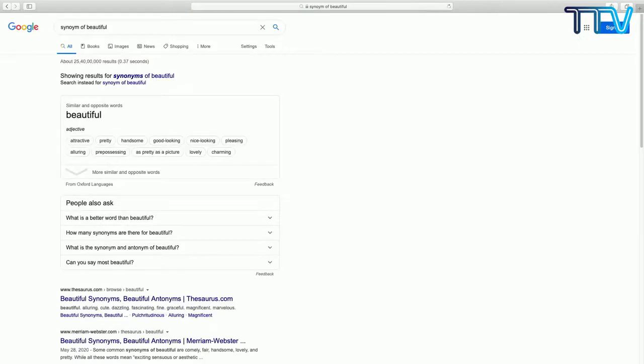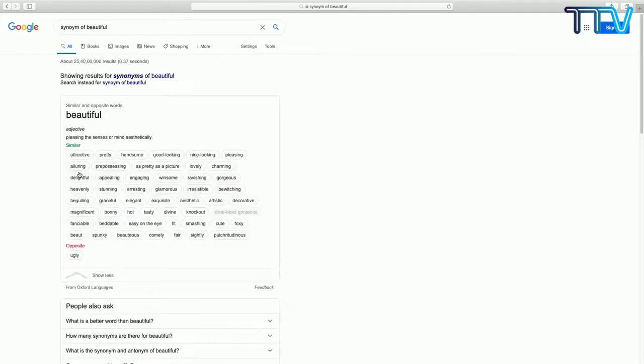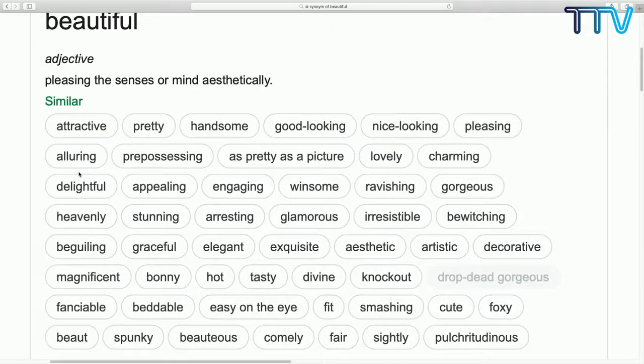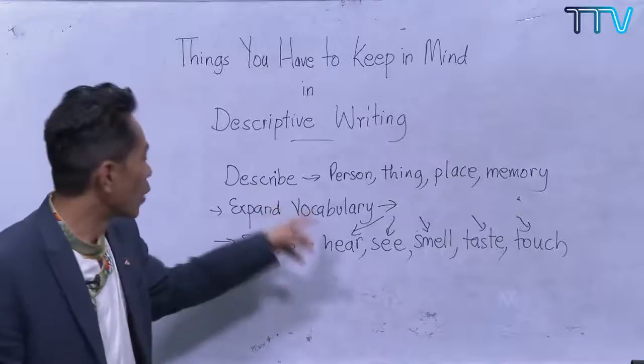If you try to find the synonym of beauty, there will be so many words here. So, instead of using the word beautiful again and again, why don't you try one of these words? Now, this is what I mean by expanding your vocabulary.